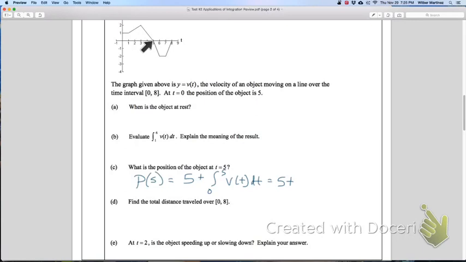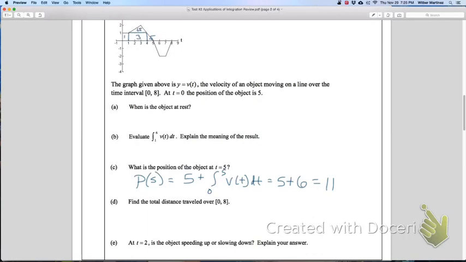But if we don't count that and we stop here at 5, it would just be the areas of 1 plus 3 plus 1.5 plus 0.5, which gives us 6. So it's 5 plus 6, which is 11. So the new position is 11 after 5 seconds.